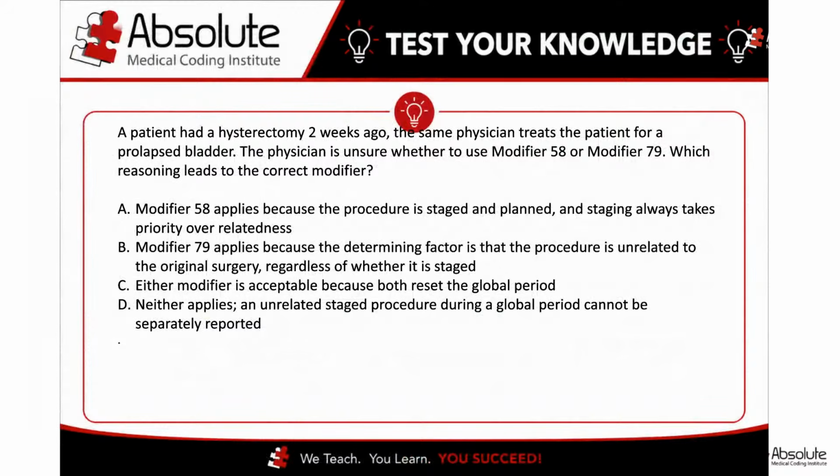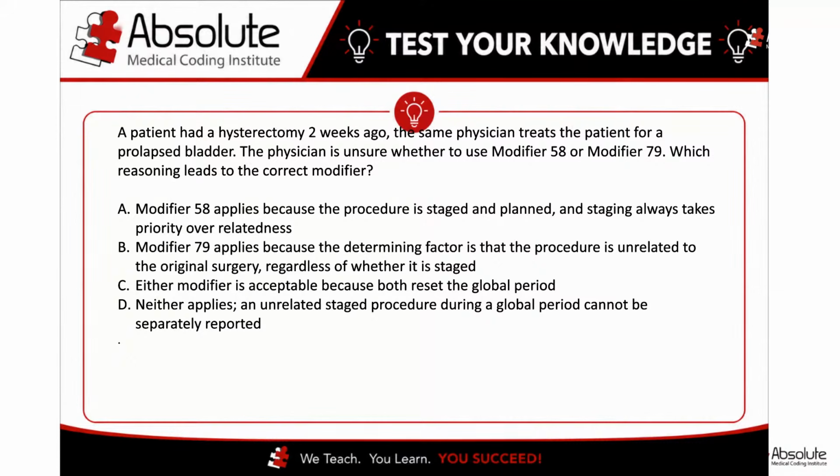All right. A patient had a hysterectomy 2 weeks ago. The same physician treats the patient for a prolapsed bladder. The physician is unsure whether to use modifier 58 or 79. Which reasoning leads to the correct modifier? A, modifier 58, because the procedure is staged and planned, and staging always takes priority over the relatedness?